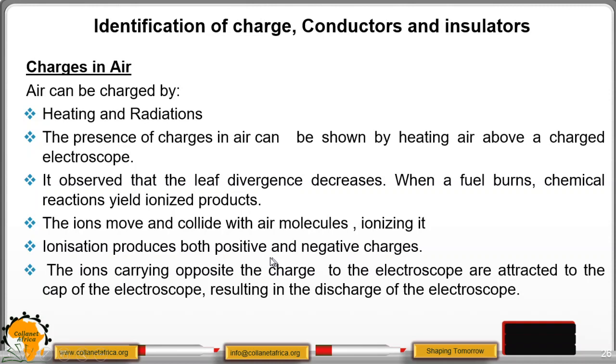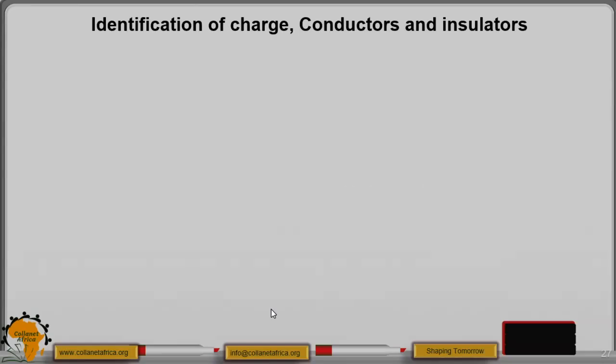The ions carrying the opposite charge of the electroscope are attracted. So if the electroscope was positively charged, it will attract the negatively charged particles. This will result in discharging the electroscope, and that will make the leaf fall.